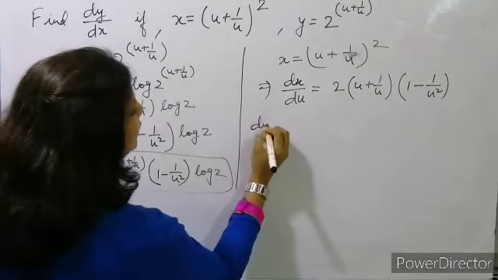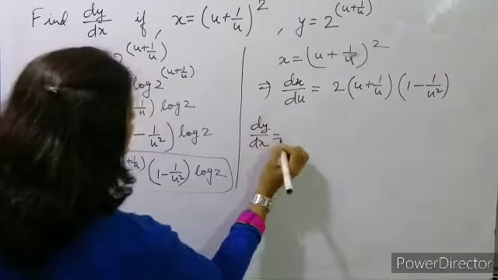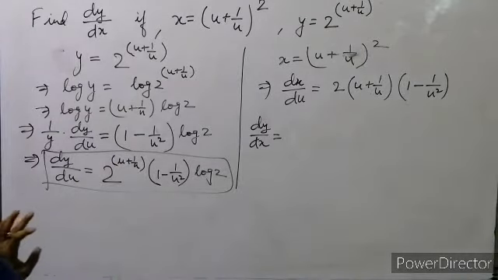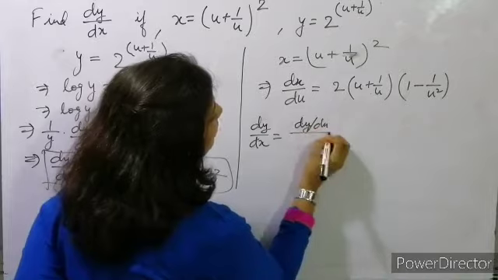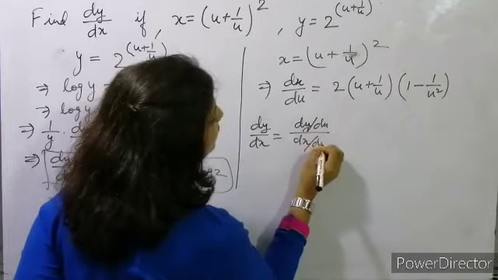Now we have to write the value of dy by dx. So dy by dx का मतलब है dy by du divided by dx by du.